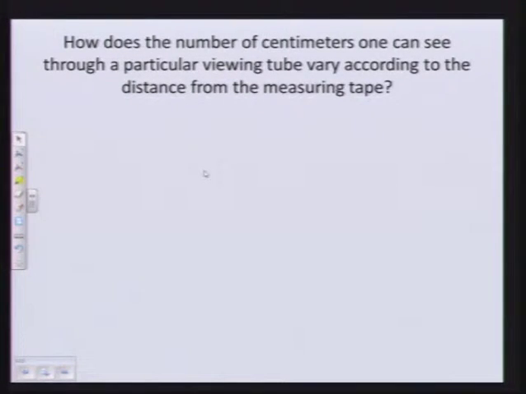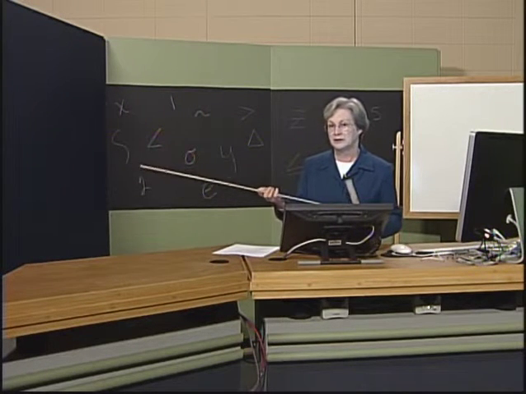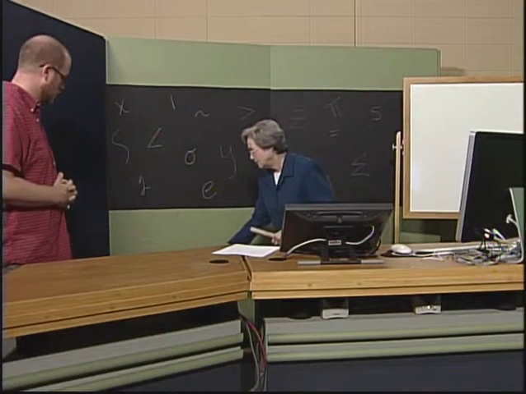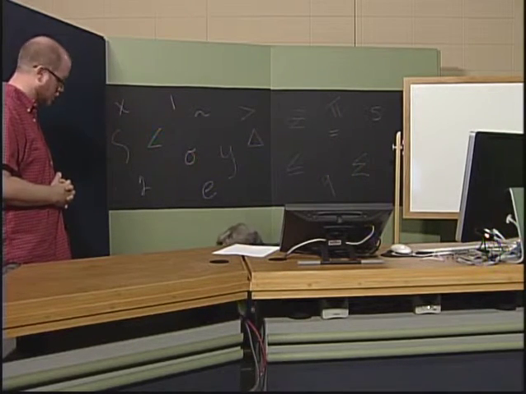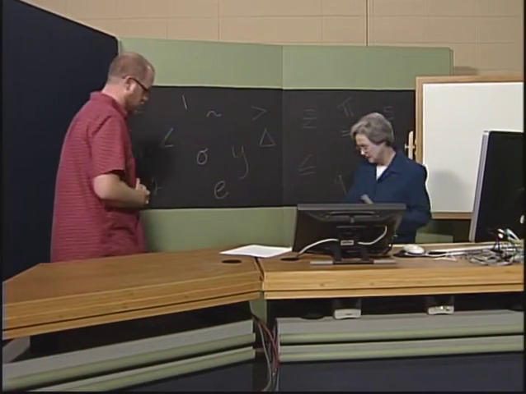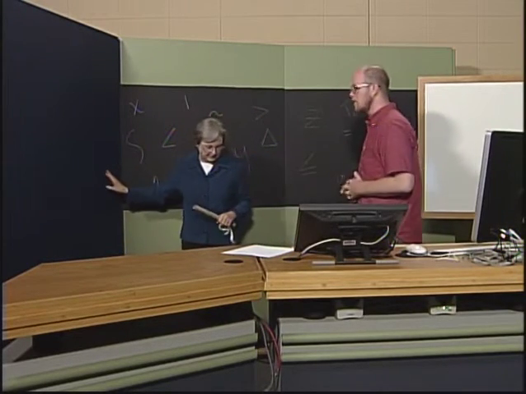do this experiment. First thing we will do is to take our meter stick and lay it down on the floor from the wall 1 meter, so that my person who's going to be viewing is going to stand 1 meter back from this wall.